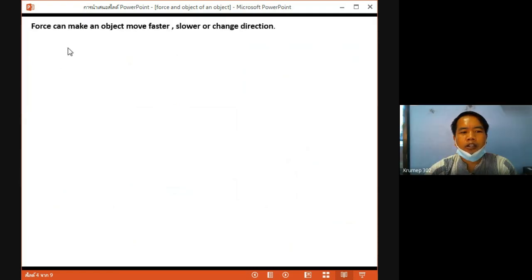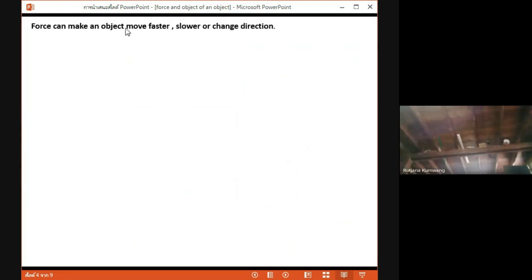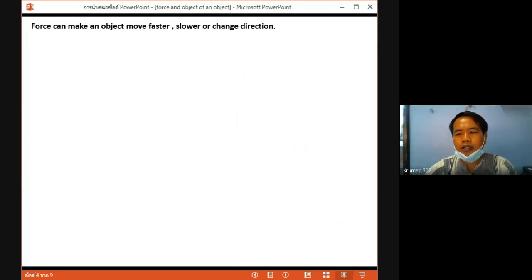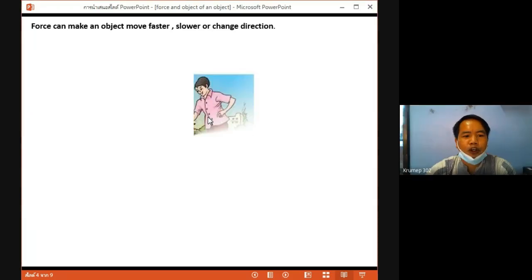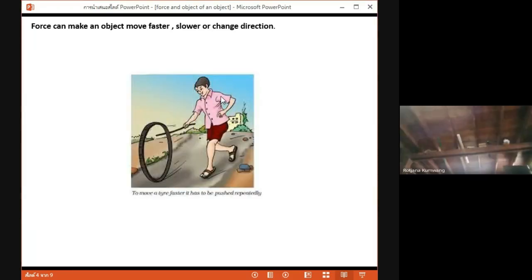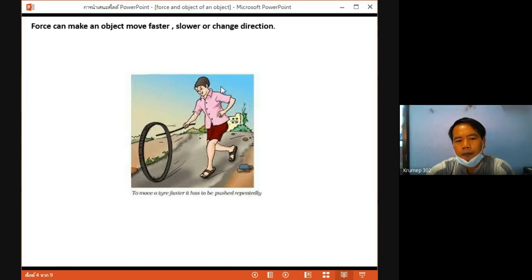We also have here: force can make an object move faster, slower, or change direction. Okay, so fast, slow, and change direction. Like the picture here. While ago, you can see here, it will go down.